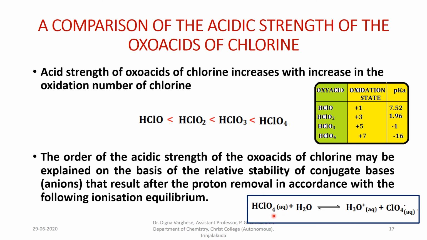Perchloric acid undergoes hydrolysis giving hydronium ion, so it acts as a monobasic acid, and the conjugate base is ClO4 minus. So the order of acidic strength may be explained on the basis of the stability of the conjugate base.